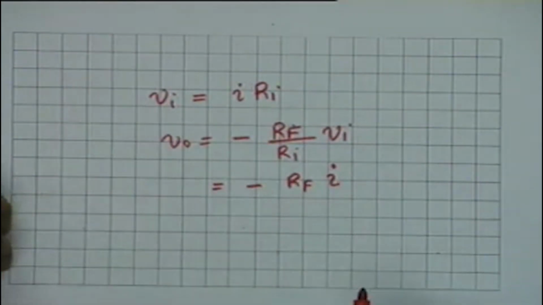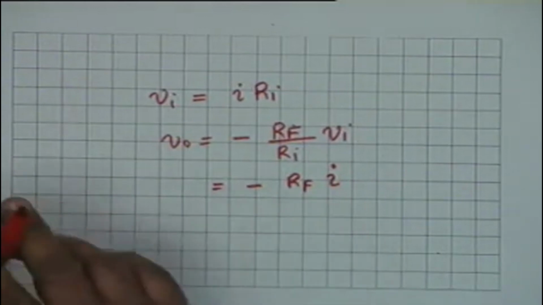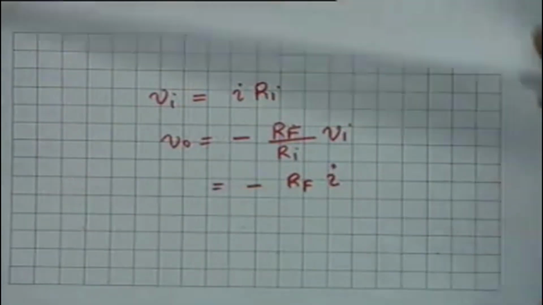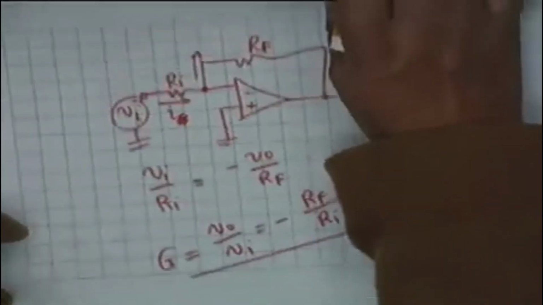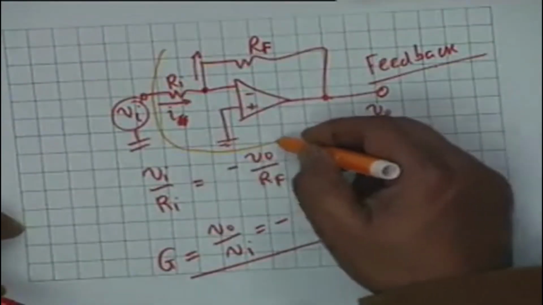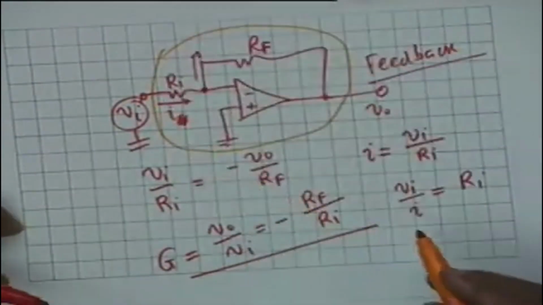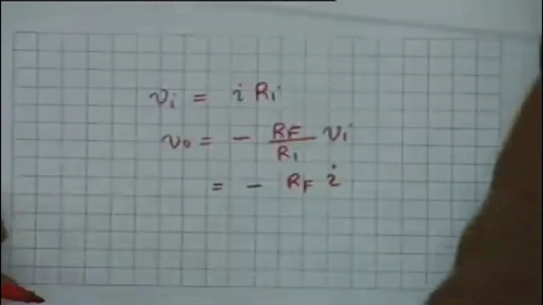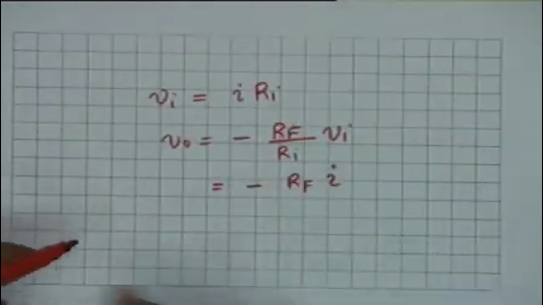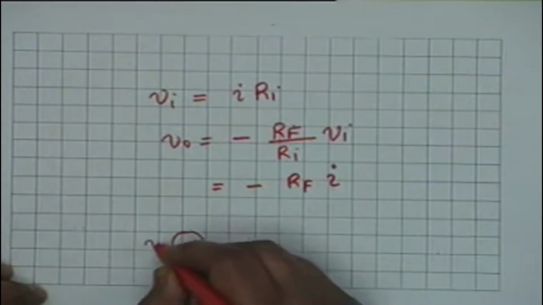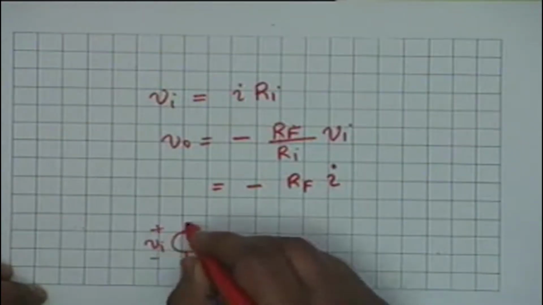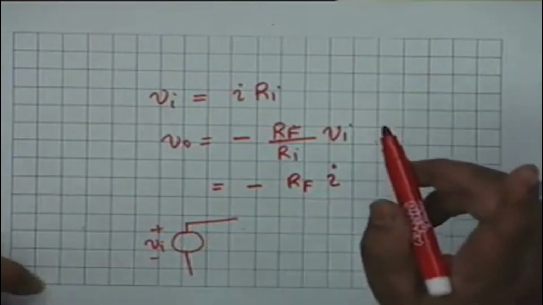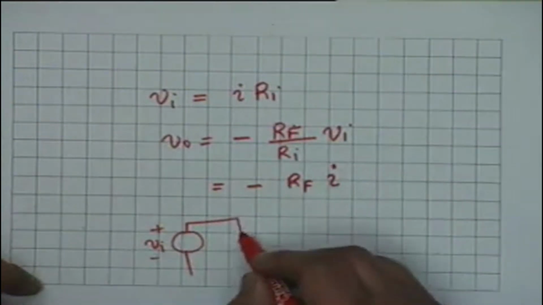The op-amp, therefore, between this point and this point, including the input resistance, that is Ri, can be modeled in a very simple manner. That is, we have a Vi, from Vi we have created a current I. How?